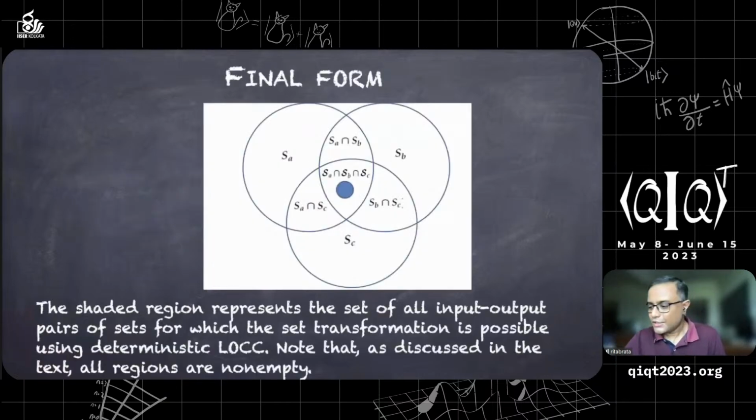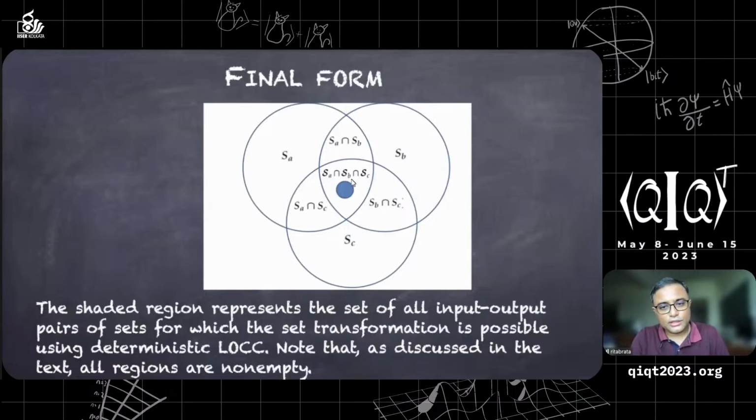Let me summarize what exactly I have done here. We have worked out this kind of a situation: SA is the set of all possibilities in which the condition A is satisfied.